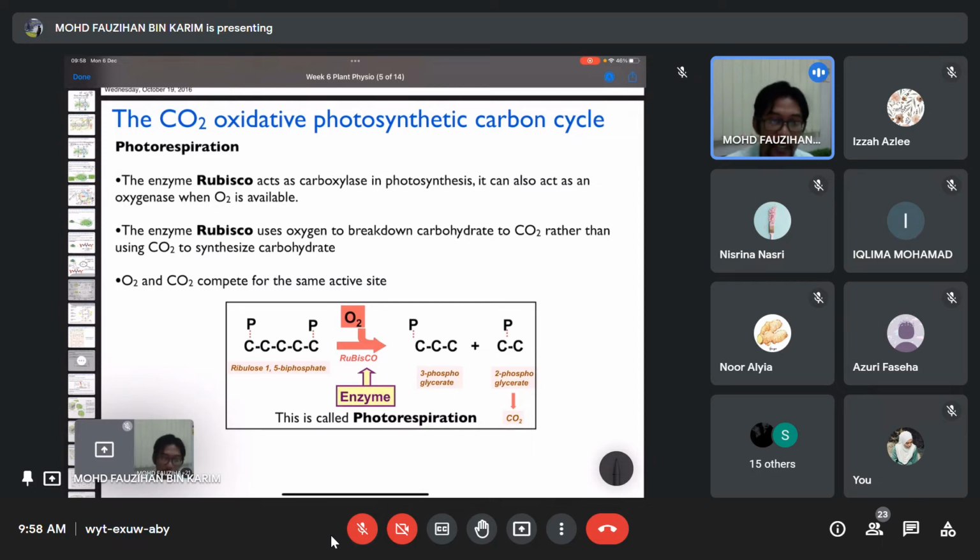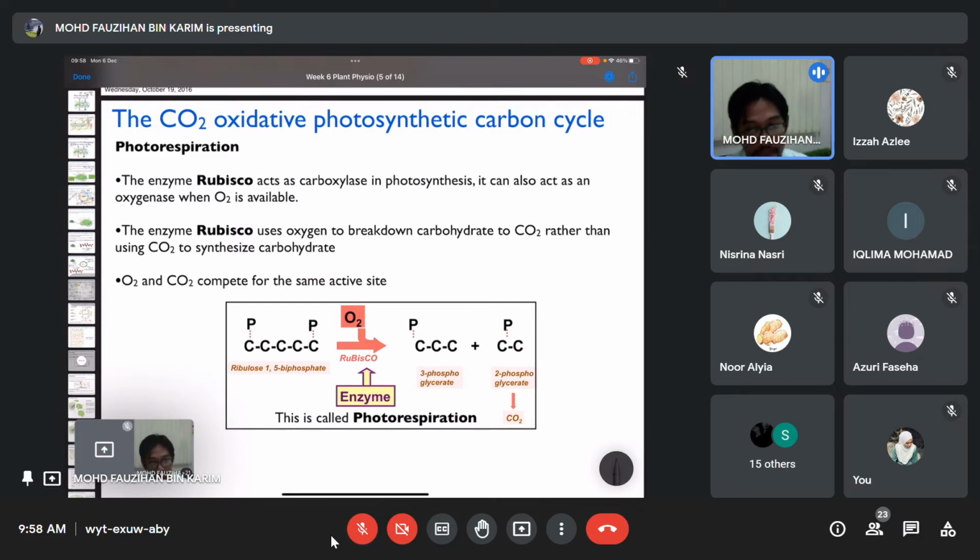You can call this carboxylation. Carboxylation is a carbon fixation. Sama je. Fixation, carboxylation. The terms derive from the name of the enzyme, carboxylase, alright, and oxygenase. Carboxylase, pengikatan enzim carboxylase adalah the fixation of carbon dioxide.